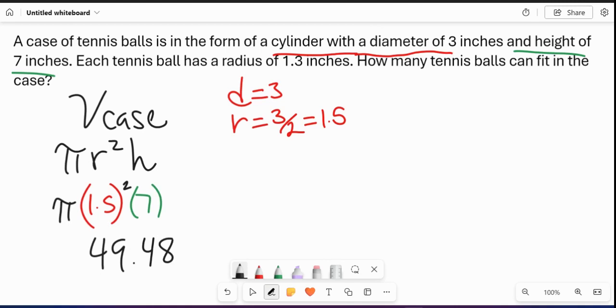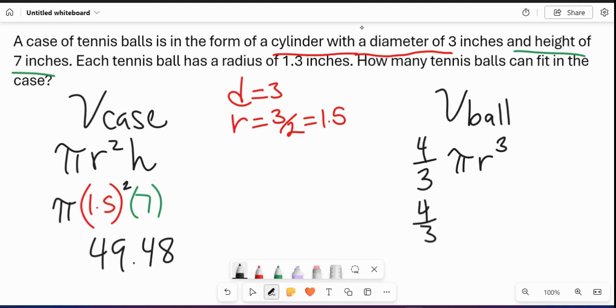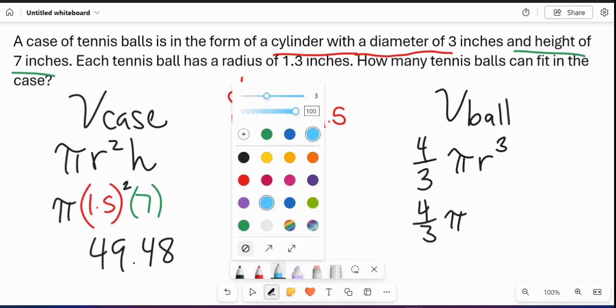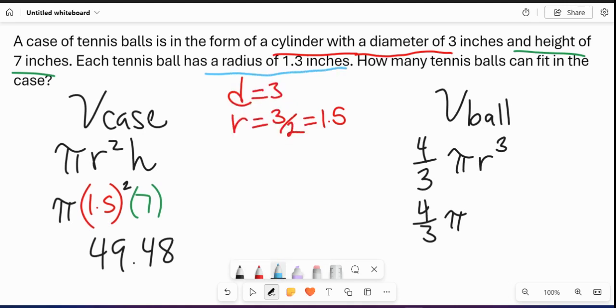Now the volume of the tennis ball is a sphere, so it's 4/3 pi r cubed. So it's 4/3 pi, and then the tennis ball has a radius of 1.3, so I'm going to plug that in and then cube it.